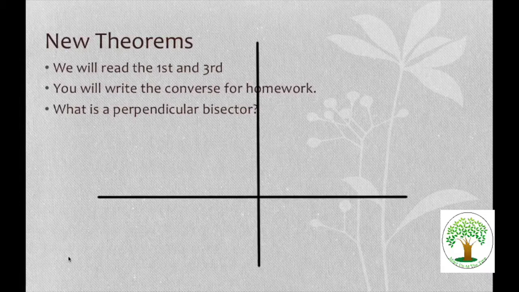So that would mean that these would have to be equal to each other, correct? And it would also have to be perpendicular. So that would be a perpendicular bisector, something that cuts it in half and is perpendicular.